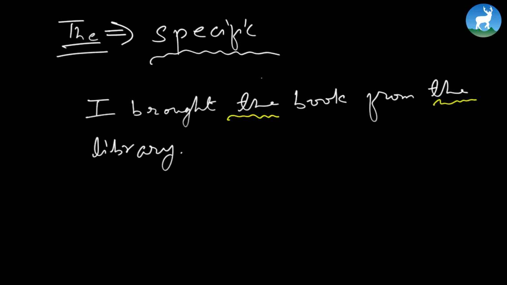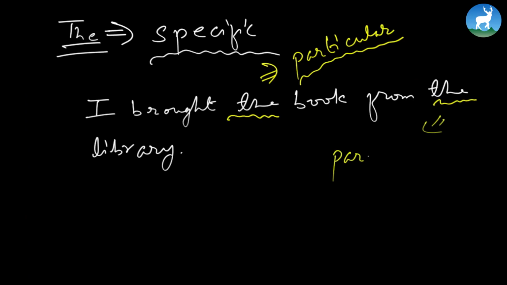He knows he's talking about a particular book. That's why the book. It would always mean something particular. Again, the library is a particular library. So just understand that the would always mean particular. When you are talking about a particular person or thing, we refer to the.